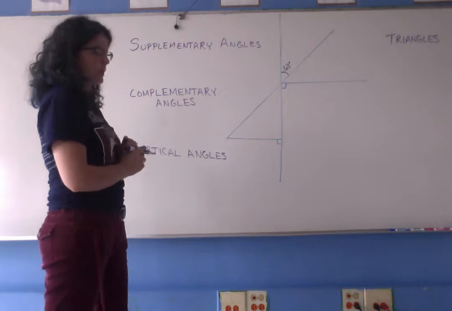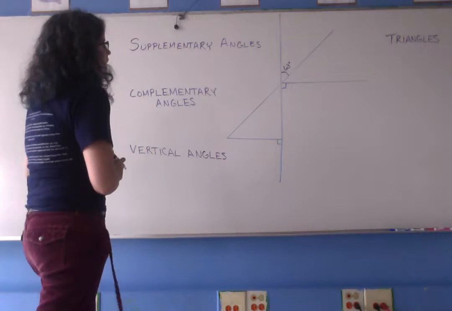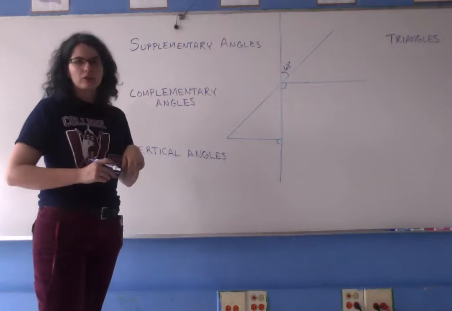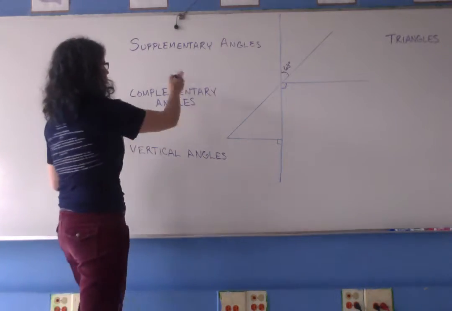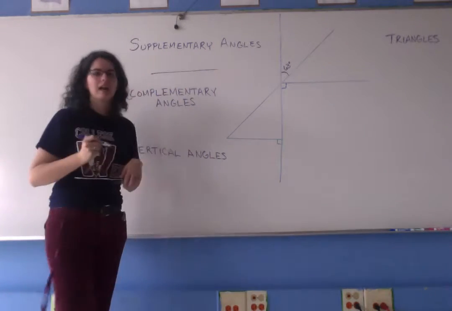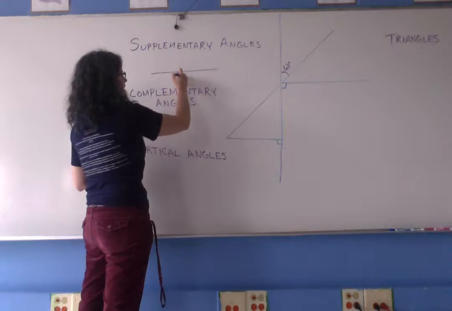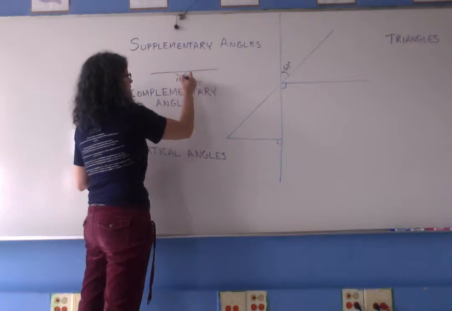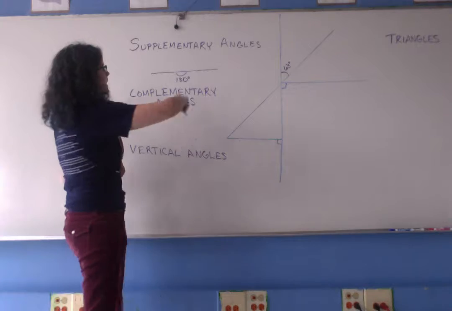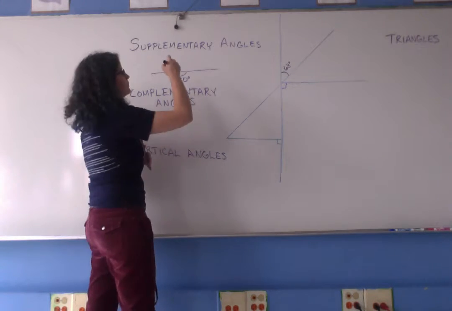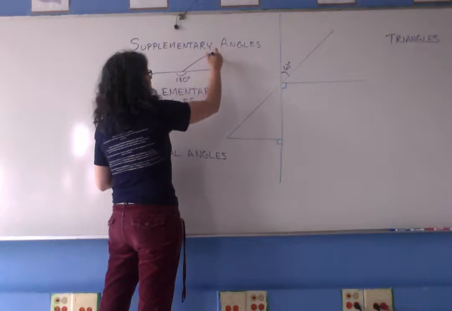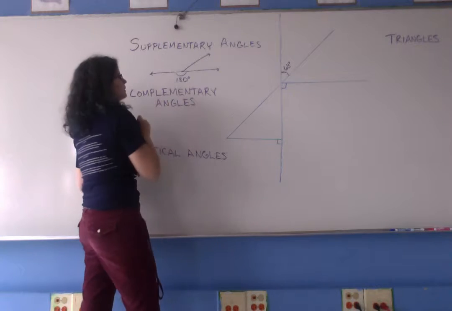Okay. So, first I can think about supplementary angles. This is where we talked about having some kind of line, and a line is 180 degrees. It's half of a circle. And it's broken up in some way. So it could be broken up like this, into just two angles.